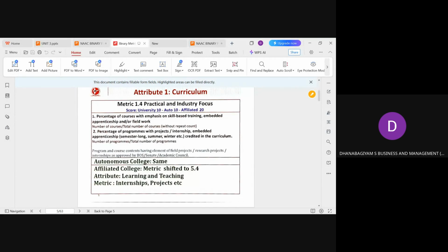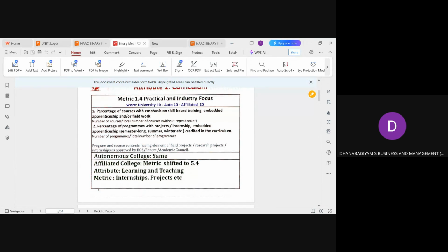And when you talk about 1.4 here, mostly this talks about industry focused courses. Out of 30 courses, how many courses are highly relevant to the students, good enough to give good skill enhancement, and how far the knowledge level is increased for the students in a more practical way?